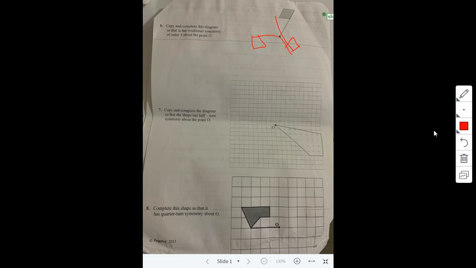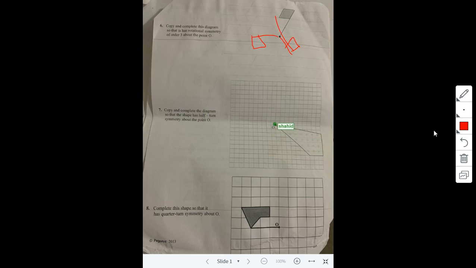All you have to do is, when you turn it, see where around it you would place it, and then just draw it, right? Yes. For the next one here, because this is a half turn, that just means 180 degrees.